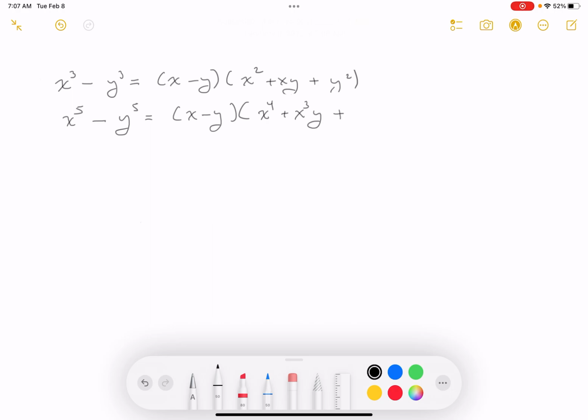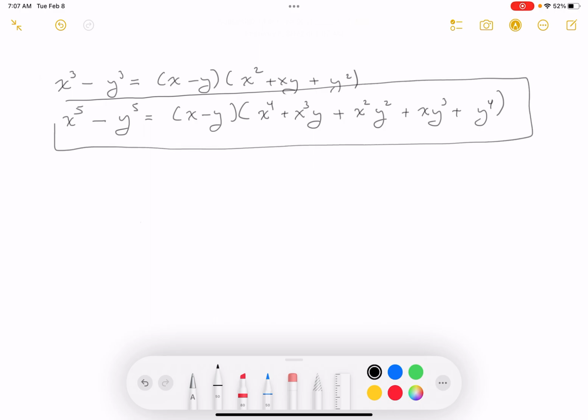The powers of x are going down by 1, and the powers of y are going up by 1. The sum of the exponents is always going to be 4. I'm going to claim this is a nice pattern to know, and we can keep doing this over and over again.